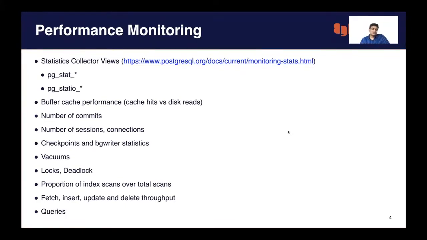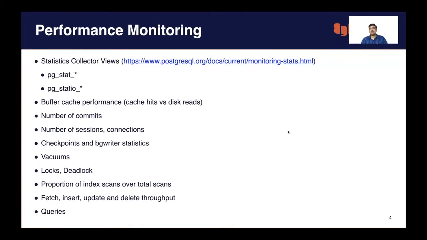Then you also need to look at the checkpoints and the background writer statistics. You need to observe vacuums continuously. You need to observe the logs so that you can find any deadlocks. You also need to understand how many times indexes have been scanned.